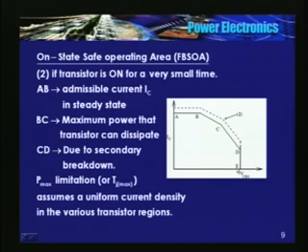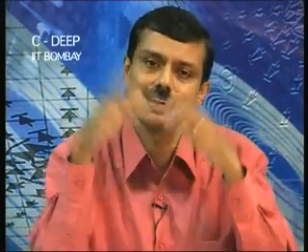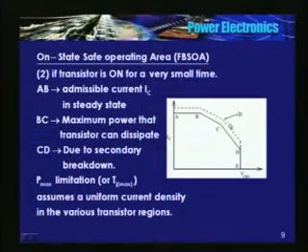And in case the transistor is on for a very short duration, the boundaries of the SOA expand. See here, this dotted line is for the device when it is on for a very short duration, because if the device is on for a very short duration, the temperature rise or power dissipation limit can also be increased.